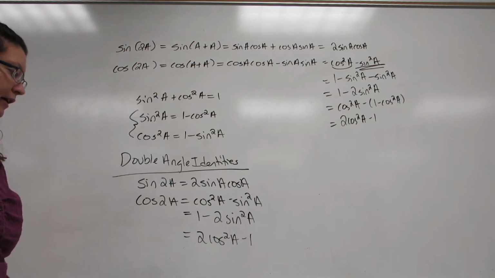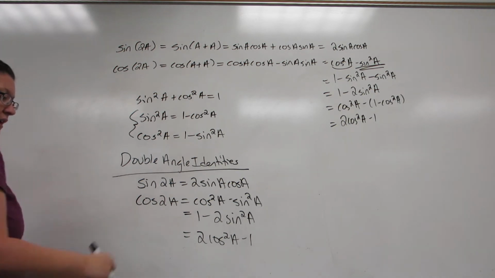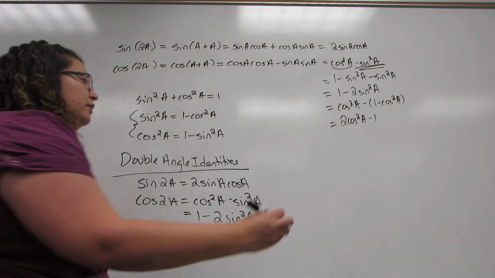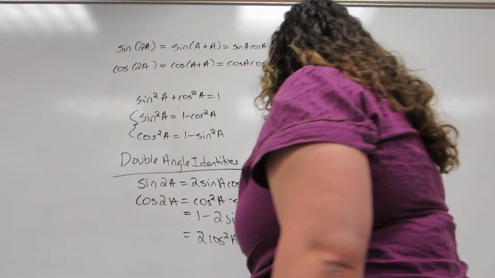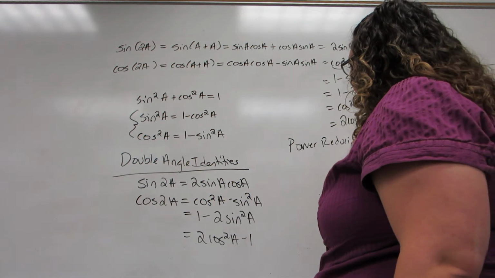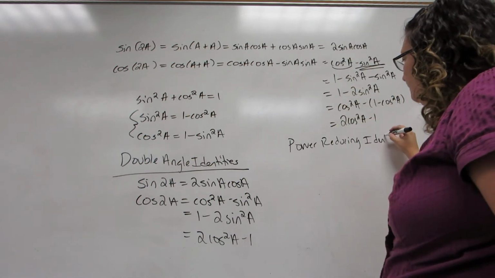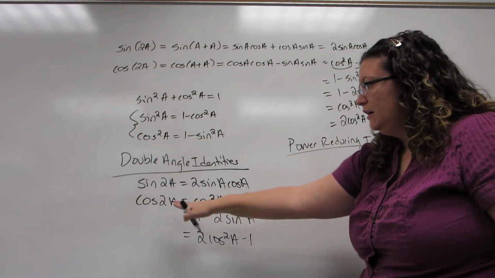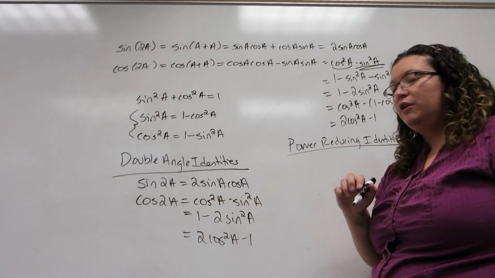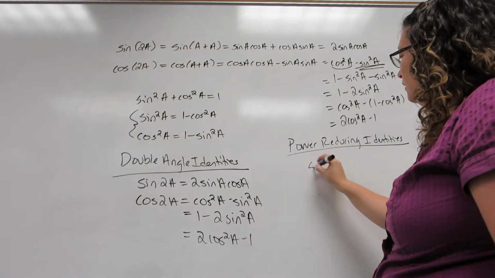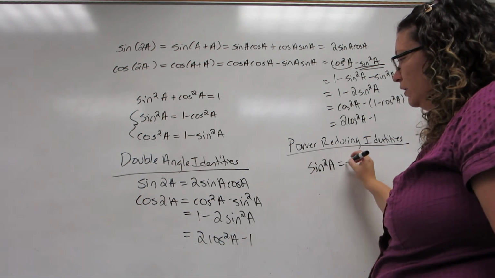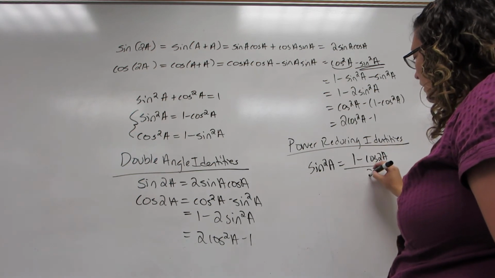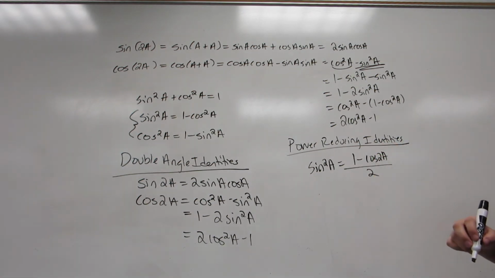Okay. Now, if we take just these last two and solve them for the sine squared or the cosine squared, we end up with what are called the power reducing identities. If I take cosine 2a equals 1 minus 2 sine squared a, and solve for the sine squared, I get the power reducing identity for sine.